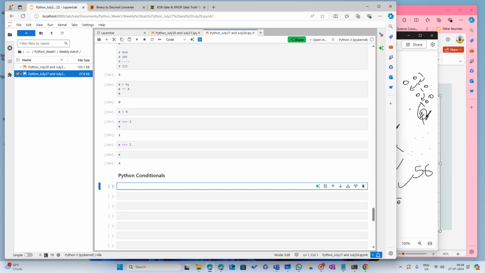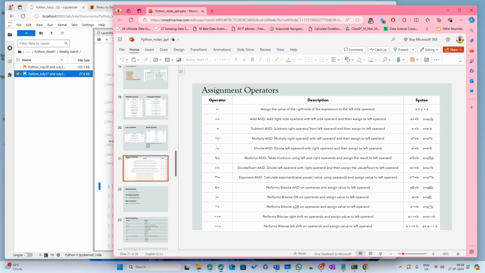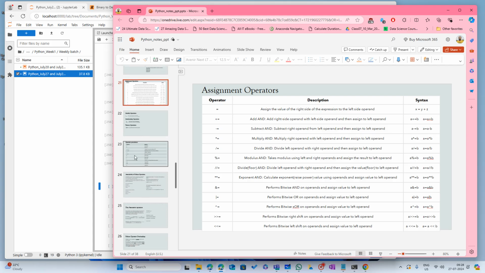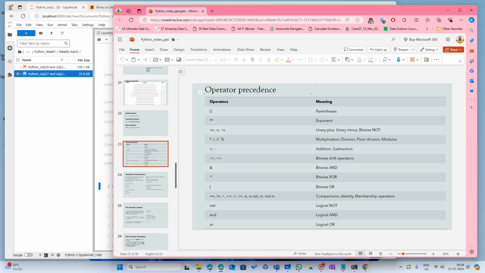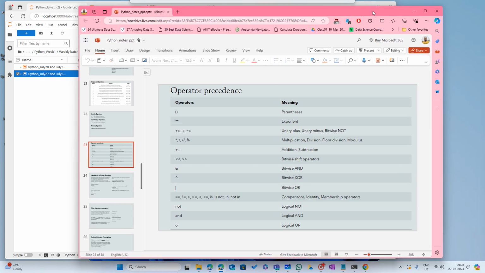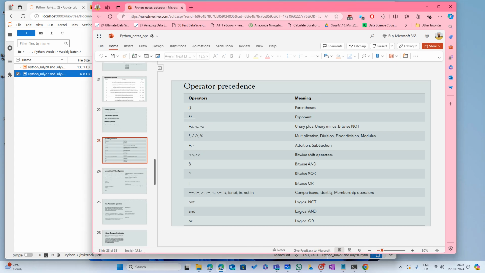So this concludes our Python operations, operators. Now there is a little bit here I want to talk about: precedence. You can ask in what order these operators are calculated.